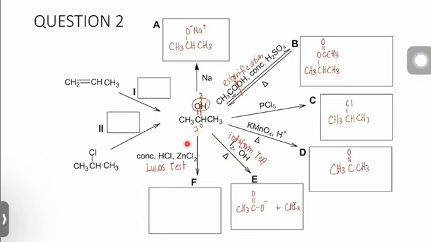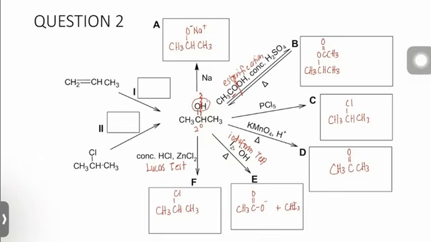So for Lucas test, the reaction that occurs is the substitution of OH group with Cl from the concentrated HCl. So from alcohol, it becomes a haloalkane. So the structure of F is, you just need to substitute the OH with Cl.